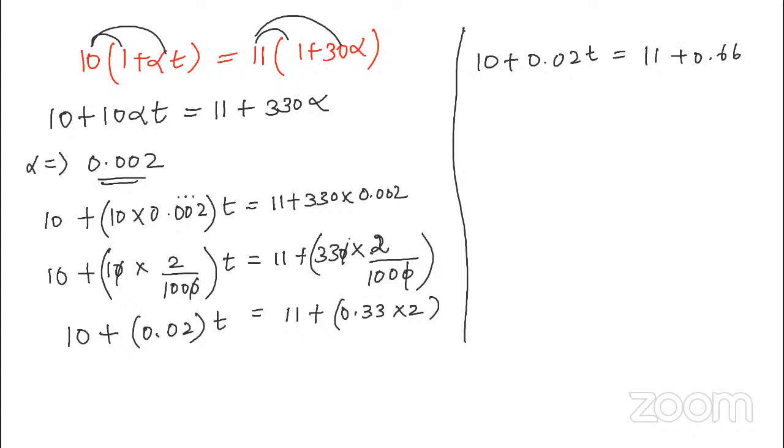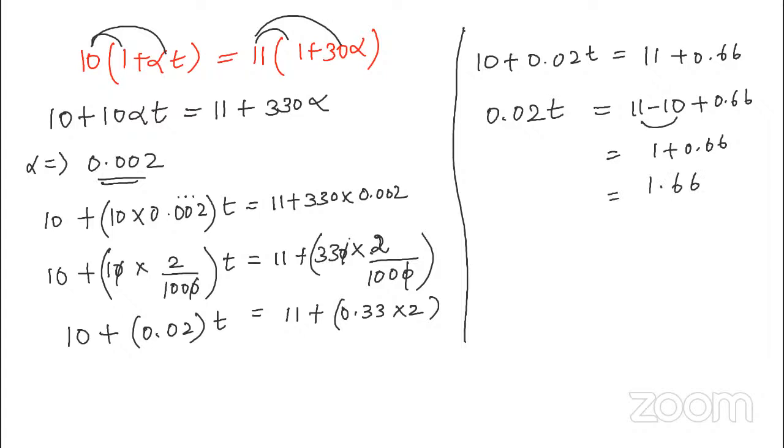Okay, then the next step: 0.02 t is equal to 11 minus 10 plus 0.66. So here it is 1 plus 0.66, that is 1.66.